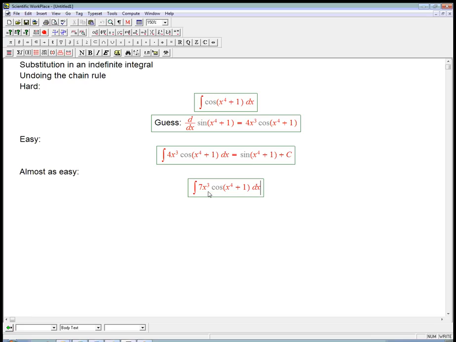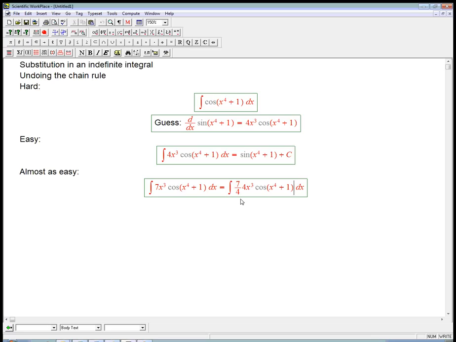So, for example, here, 7x cubed cosine of x to the fourth plus 1. Well, you know what? That's the integral of 4x cubed cosine of x to the fourth plus 1 dx times 7/4.